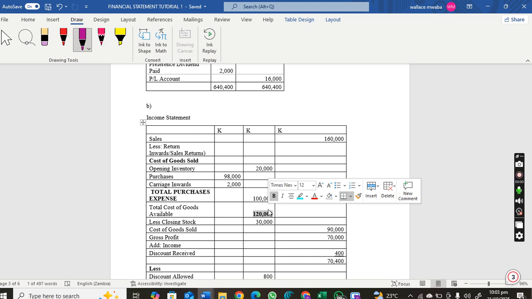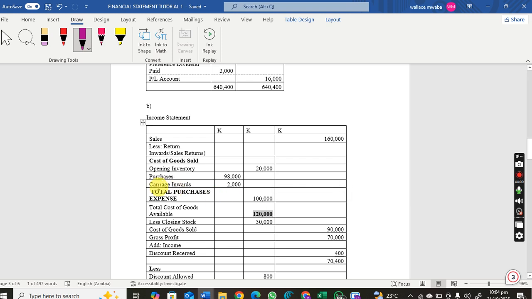Any questions? So sir, anything else that has to do with the goods has to be added to that? Anything that has to do with purchases. Opening inventory just stays there by itself, but anything that has to do with purchases, you need to make adjustments to the purchases.